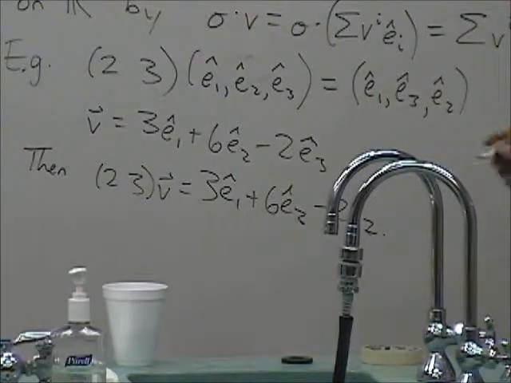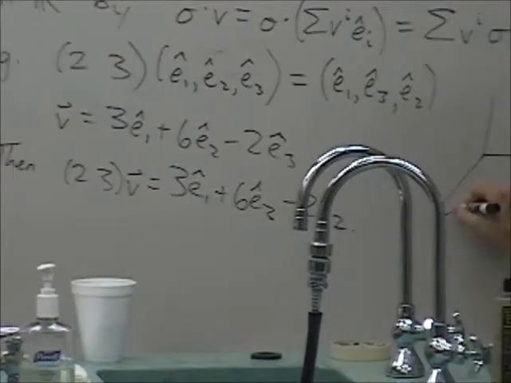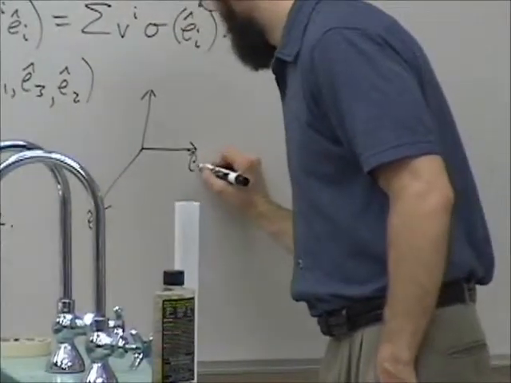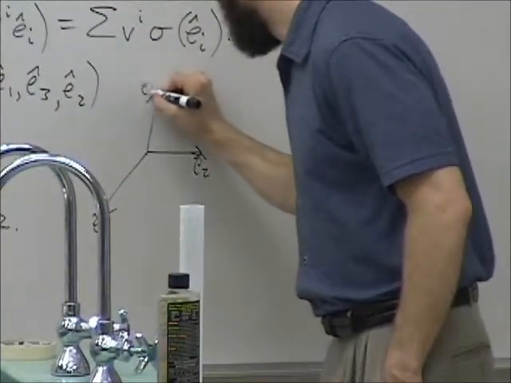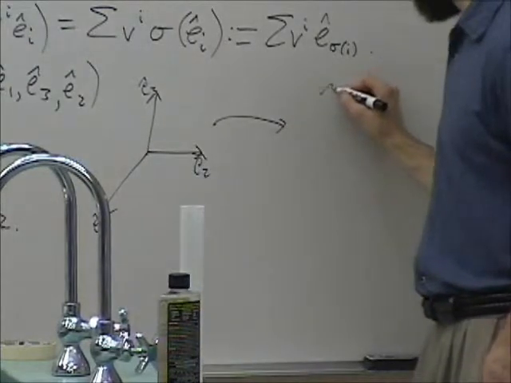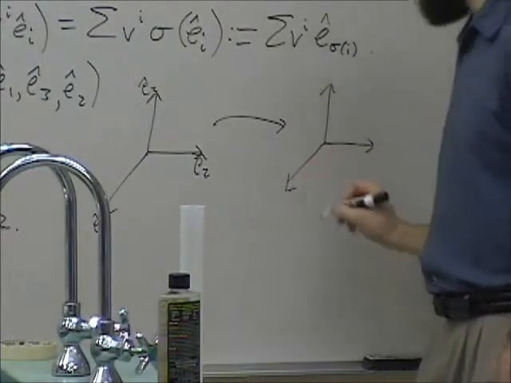Okay. So a geometrical picture, let's think about our bases. They're orthonormal, so I can write them like this. E1, E2, and E3. After the action, I get a new set of bases.